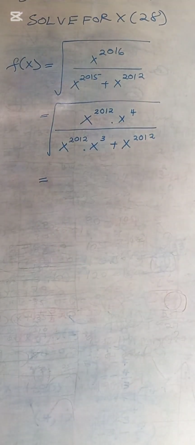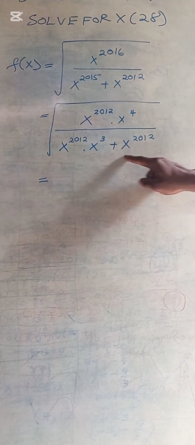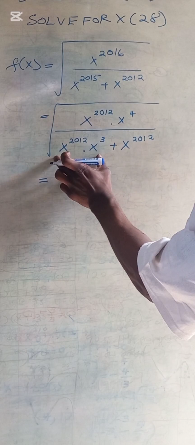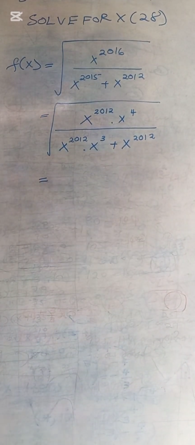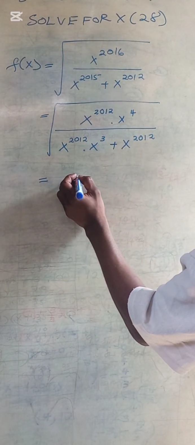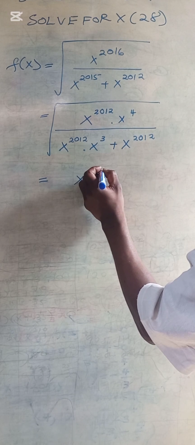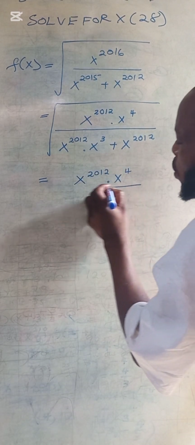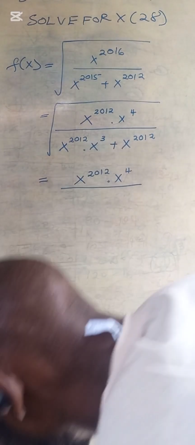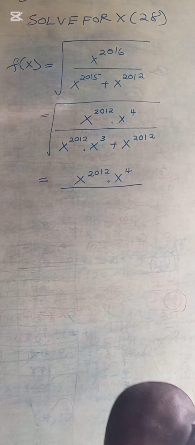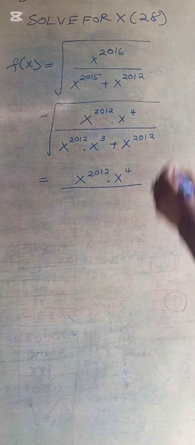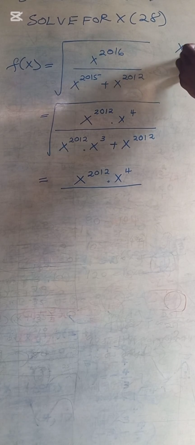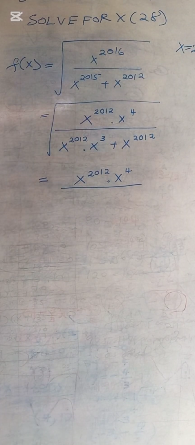Okay, so now let's see. We have two terms. This is one term. This is another term. We can take out a common factor. So we have x to the exponent 2012 multiplied by x to the exponent 4. The question said we must solve this without the use of a calculator, right? We must solve for f of x if x is equal to 2, without a calculator.